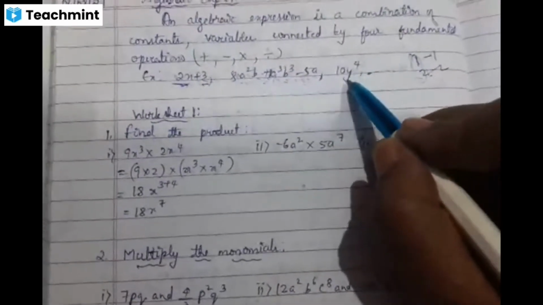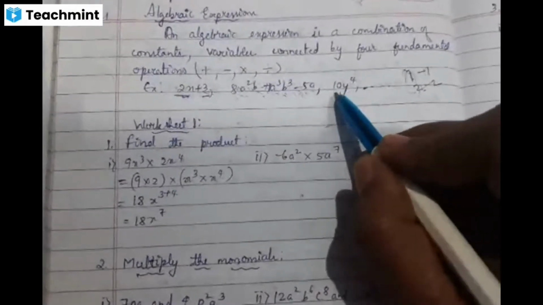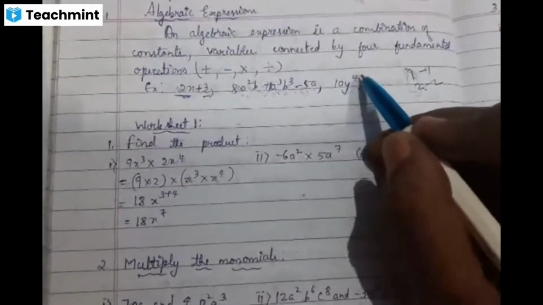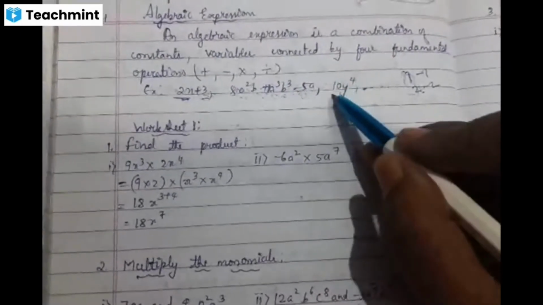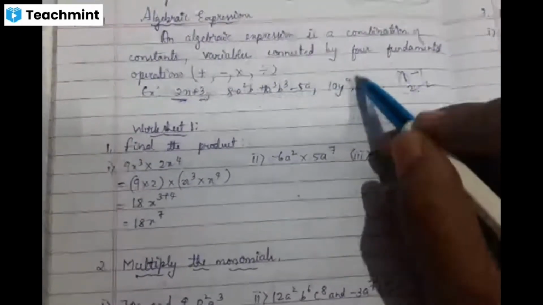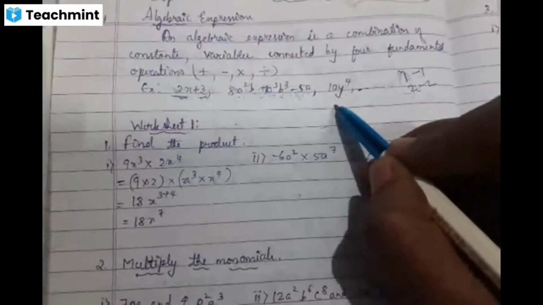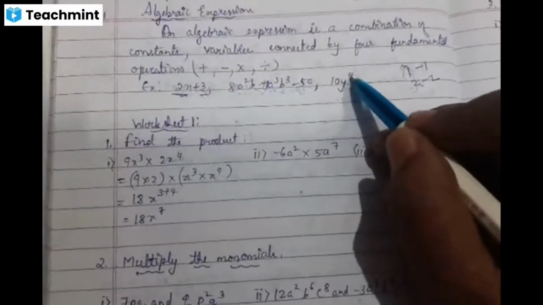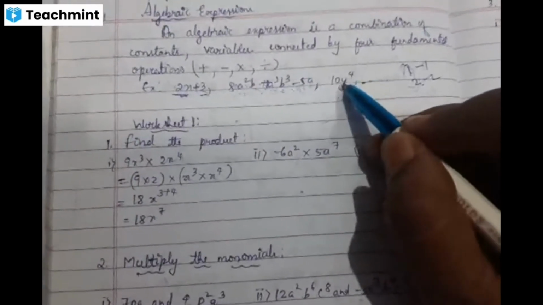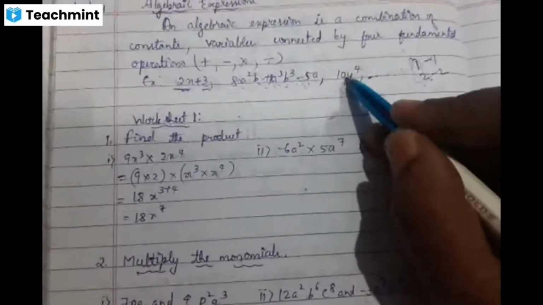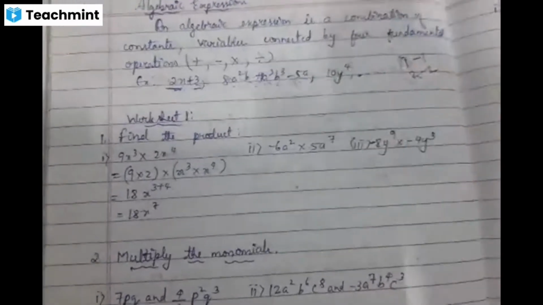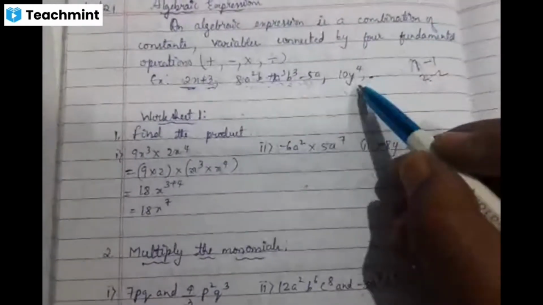Now you have one more algebraic expression, that is 10y to the power of 4. Come on, tell me or find out how many terms are there in this algebraic expression. You have got only one term, 10 into y to the power of 4. It is actually 10 into y to the power of 4, but you should not consider multiplication sign, children.